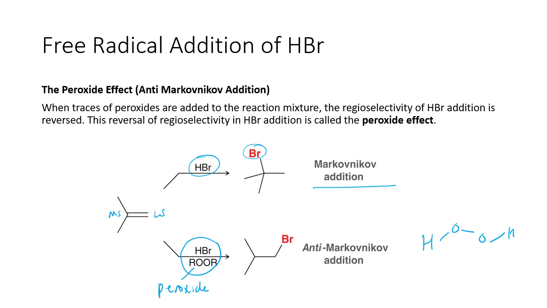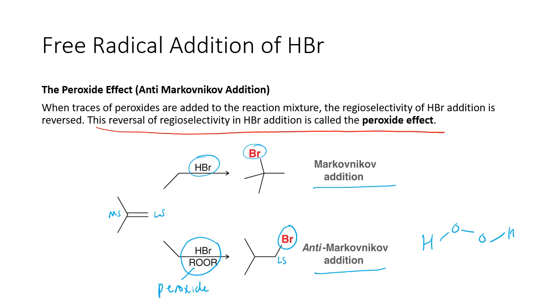But what we get is the bromine gets added to the least substituted side instead. And so this would be considered an anti-Markovnikov addition because the group got put on the least substituted side of the alkene. So this reversal of the regioselectivity of this reaction is often called the peroxide effect.